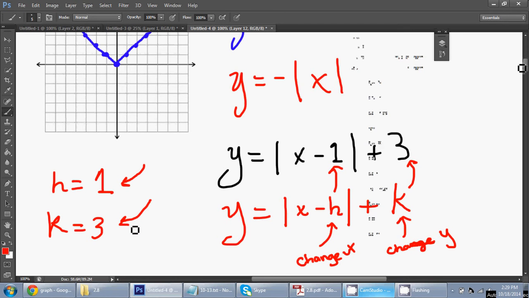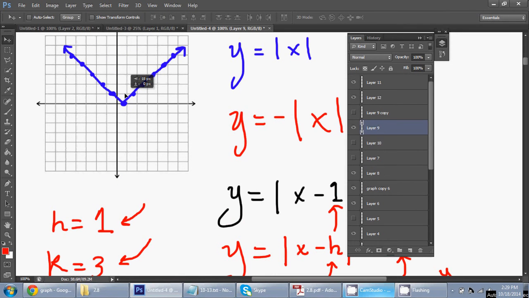So what does that mean on the actual graph? Here we have the main graph in blue again. When h is 1, that means I'm going to move the center 1 to the right over here. And k is 3, that means I'm going to move it up on the y-axis by 3.